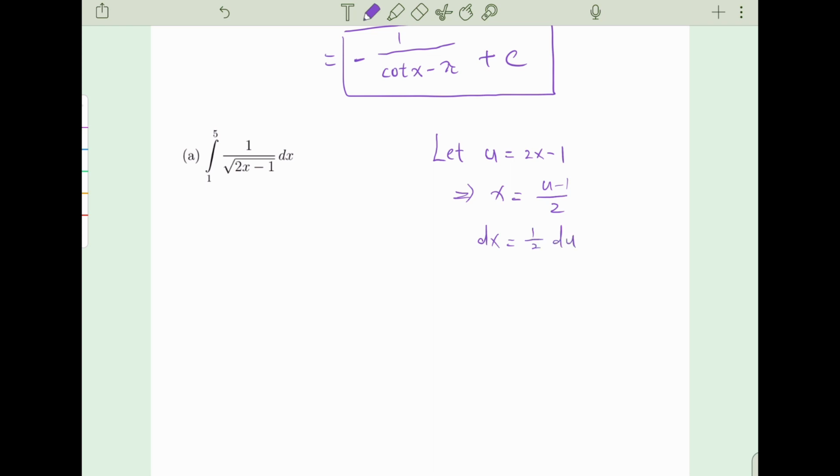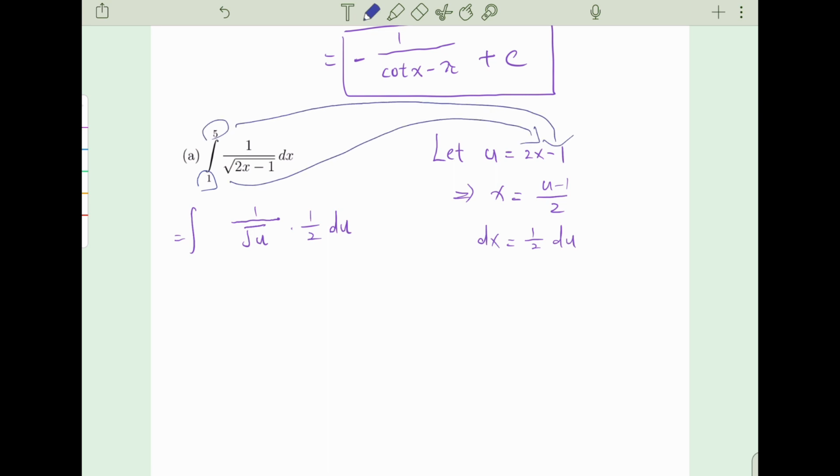Okay, now I replace the expression. This becomes 1 over square root of u, dx is replaced with 1 over 2 du, and I need to change my upper bound and lower bound. Input the lower bound into the x here, so 2 times 1 minus 1 is 1, the new lower bound.